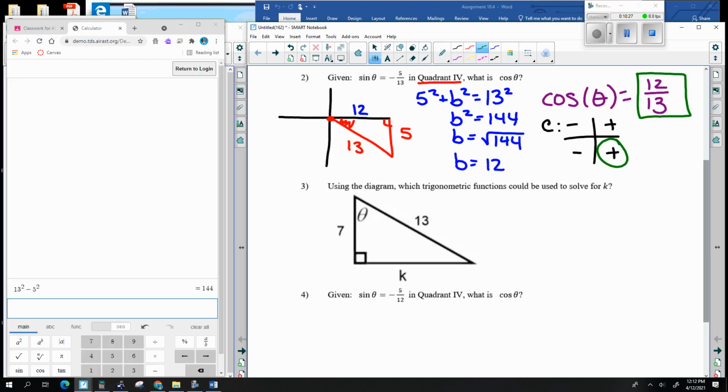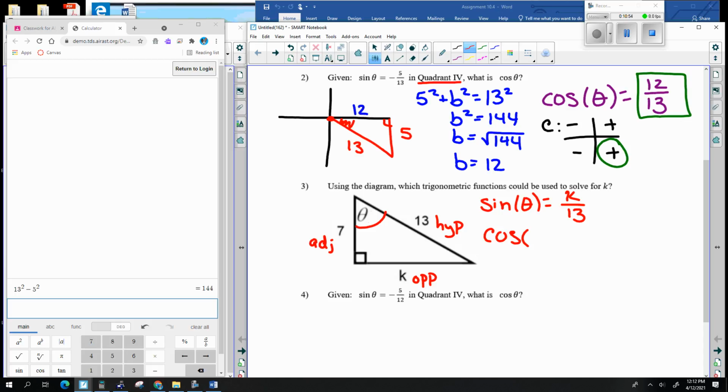Solve for k. Which trigonometric functions could solve for k? The k is the opposite, 13 is the hypotenuse, and there's the adjacent. So I'm just going to set it up. The sine would be opposite over hypotenuse.